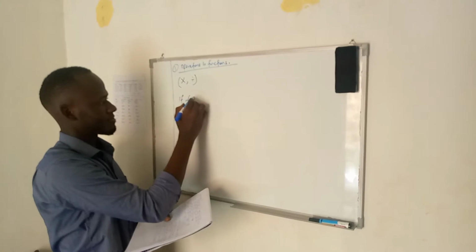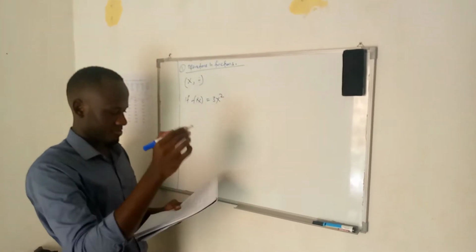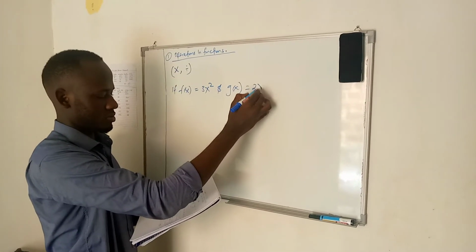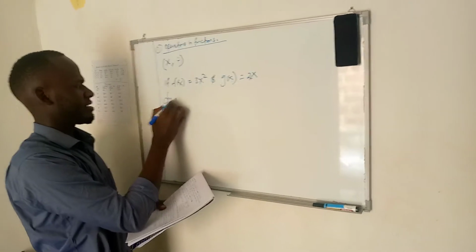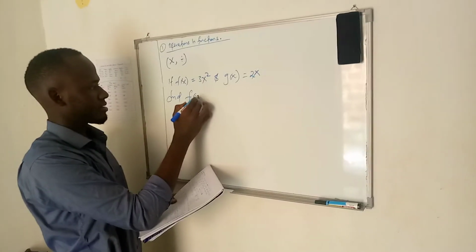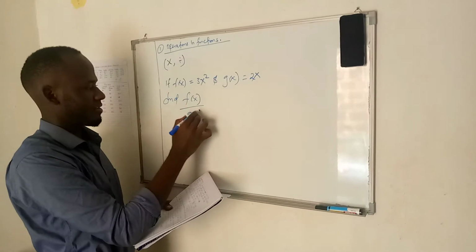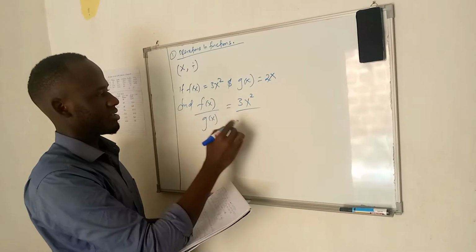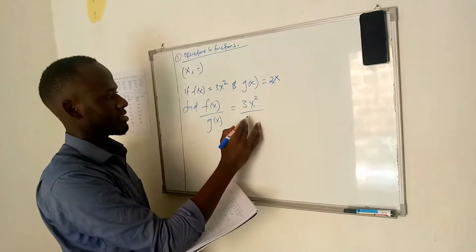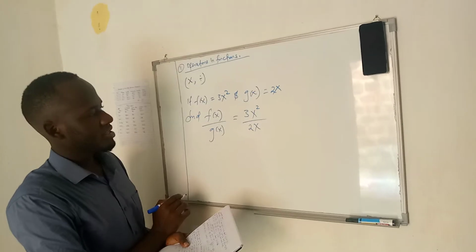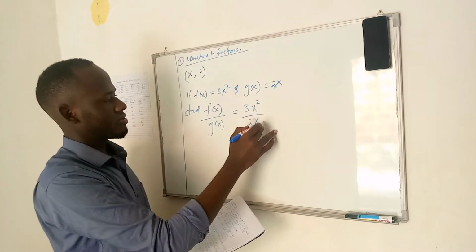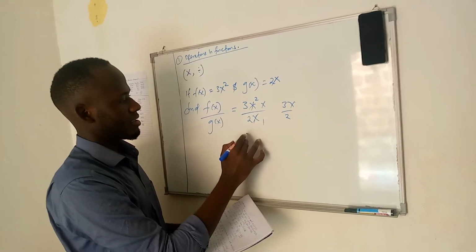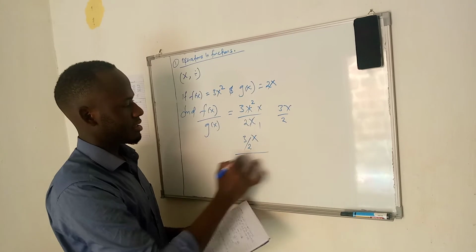If f of x is equal to 3x squared and g of x is equal to 2x, find f of x over g of x. This is very simple. f of x is 3x squared, and g of x is 2x. When they say divide, this has to decrease, this has to remain, so it will be 3x over 2, which is the same as 3x over 2. That is the final answer.